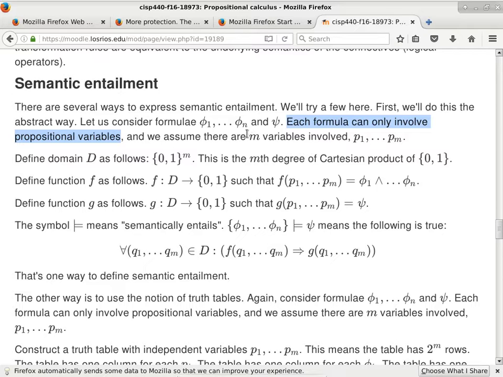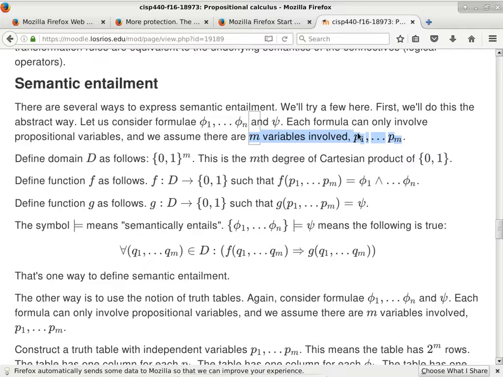And then we further assume that there are m variables involved, and they will be going from p1 to pm. So we have a whole bunch of formulas. The phi's and the psi are formulas, and then the p's are the variables. Are we doing okay so far with this? Sort of? Okay.